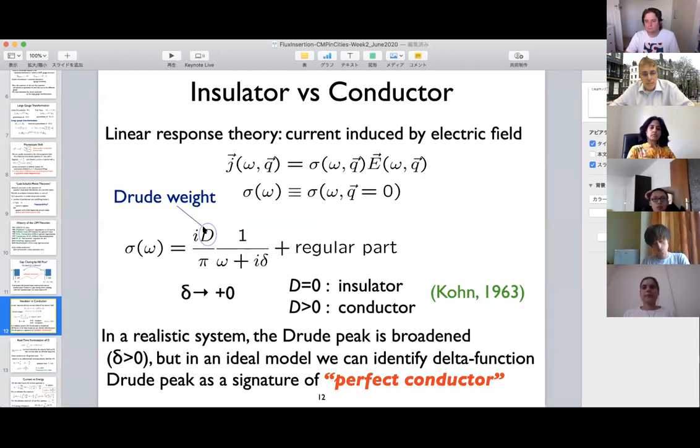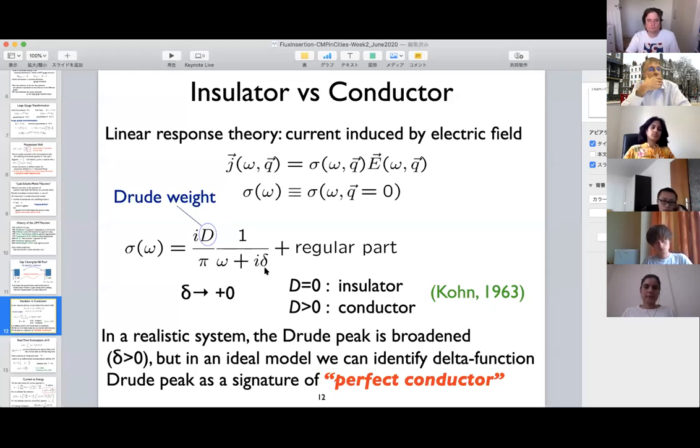Basically, this part represents some free conduction of current by electric field. So if D is non-zero, then this means a conductor, or it actually represents some kind of perfect or ideal conductor. In a real system, there are some relaxations, so this delta would become finite. In that case, you have a broadened peak.